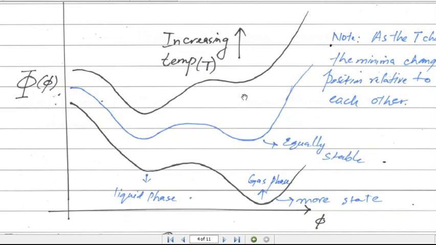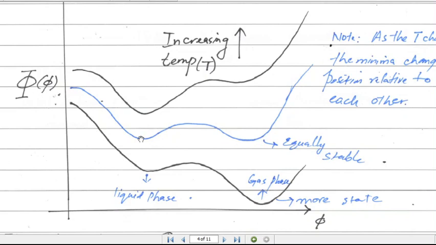You can picture this as: when the temperature increases, both of the minima will vary, and they will vary at different rates. And at one point, you will have two minima which have equal depth.